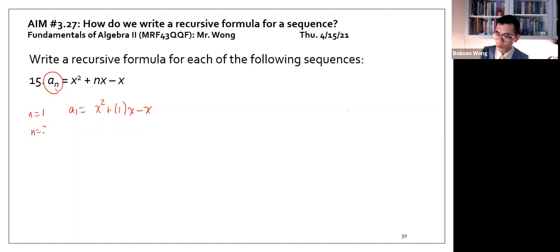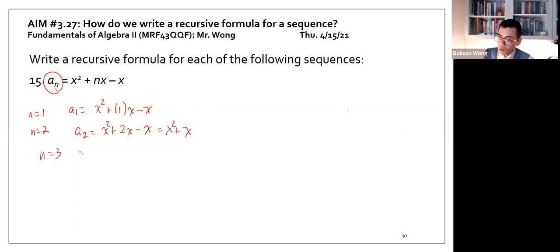So when n equals 2, we're going to get a sub 2 equals x squared plus 2 times x minus x, which is x squared plus x when we write it in standard form.